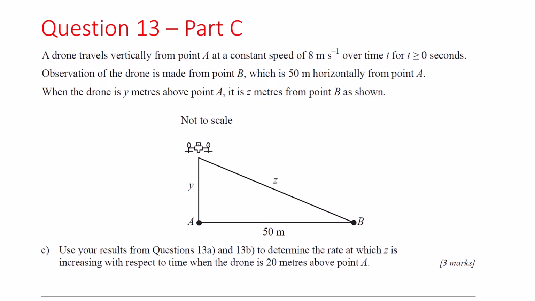So what we need to do is find dz/dt, given that y equals 20, and we know that dz/dt is dz/dy times dy/dt. So let's form that expression and then substitute y equals 20 into it.